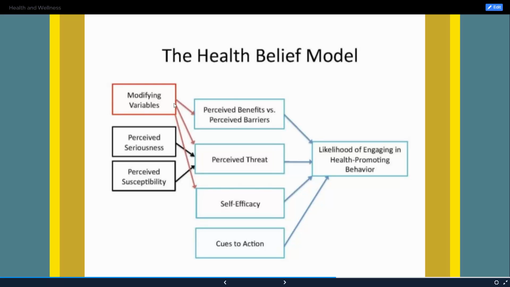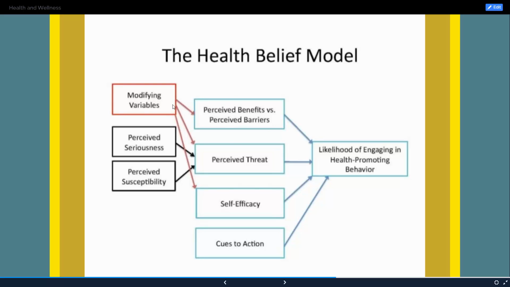So we have modifiable variables that we can modify in order to impact these 3 areas. Then we have perceived seriousness and perceived susceptibility, and that leads into this perceived threat. And then these lead into the likelihood of engaging in health promoting behaviors.